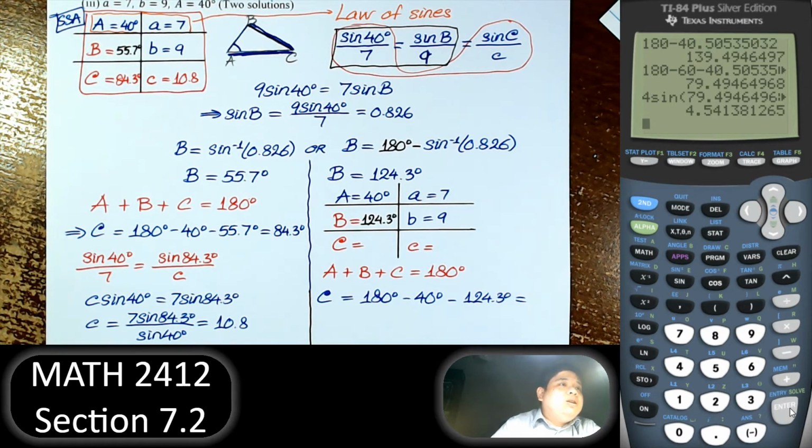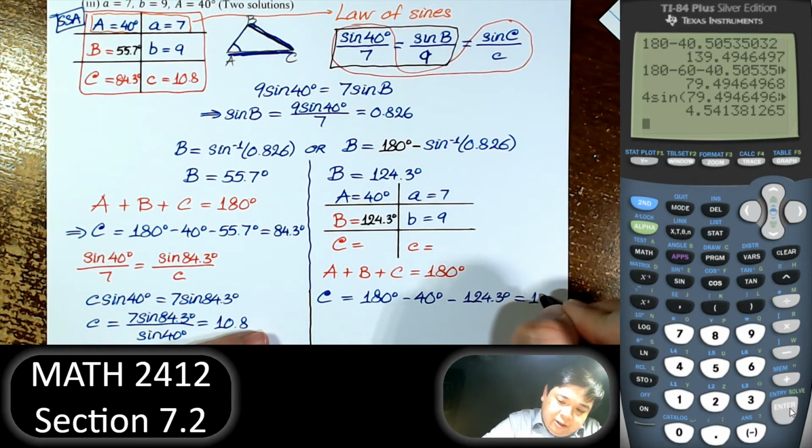So this one, 180 minus 40 minus that number. Right, 15.7 degrees.